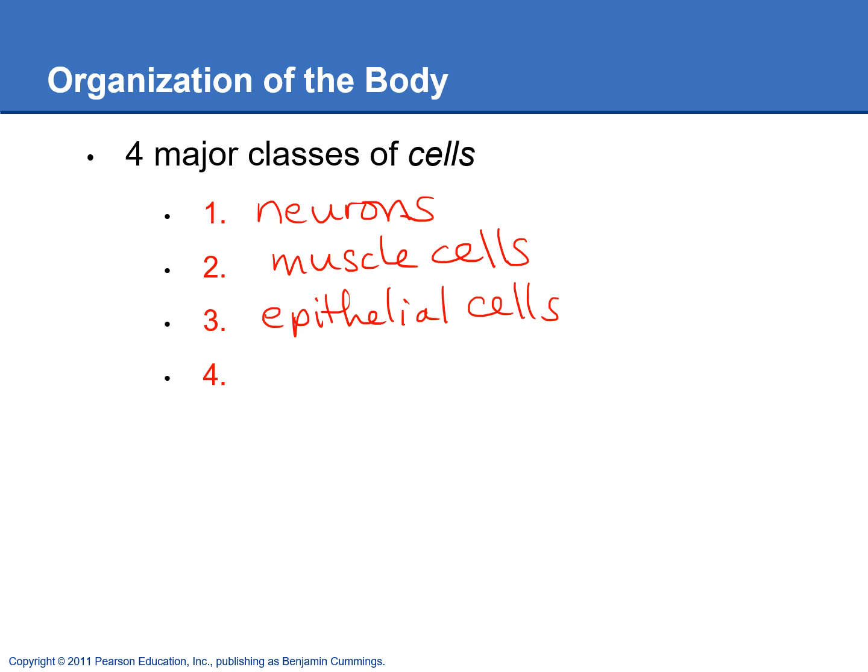And then our last type of cells are the connective tissue cells. Remember that we came up with these four different classes of cells based on their function. So what are they doing in the body?